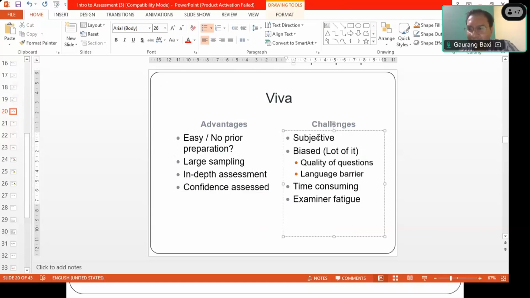Sir, there is no documentation of Viva, which can lead to grievances. Documentation. Because I remember some universities started video recording of Viva because there are a lot of complaints. Yes, true. Revaluation is not possible.